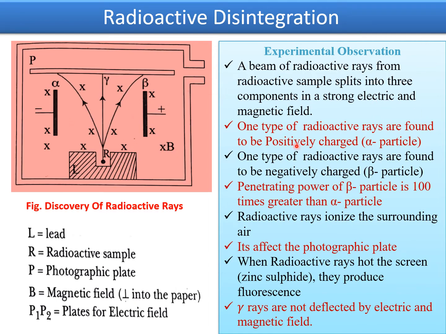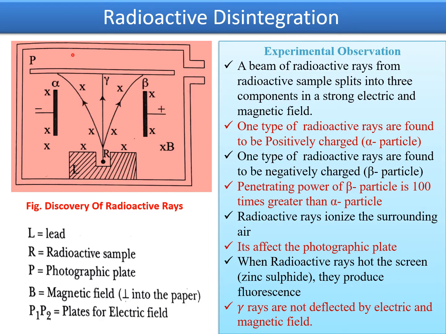Experimenters observed that, with a very strong electric field and magnetic field applied, the alpha particle, having high mass and low velocity, shows the larger deflection towards the photographic plate, and it is diverted towards the negative plate.